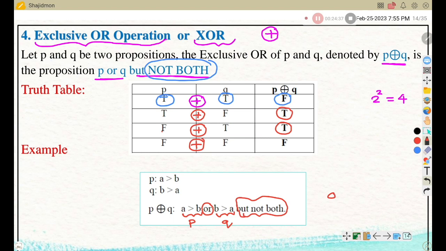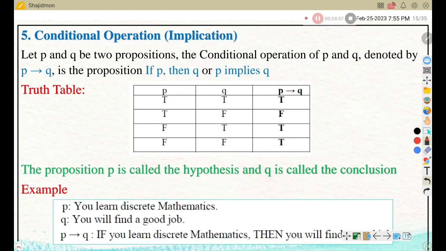Only or means it is the disjunction operation that we studied just before. Or and but not both means it is the XOR operation. Hope you understood.